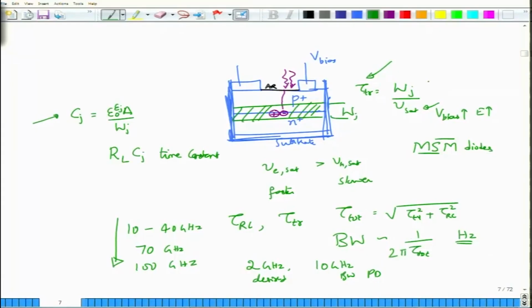Okay. But increasing Wj has a good thing, right. Increasing Wj will lead to lower Cj, but of course increase the transit time, and the overall bandwidth will again be affected. So, there is a certain optimum value of Wj that people use in order to balance the transit time tau Tr and the RC time constant tau RC. So, you do have this optimization that is going on.